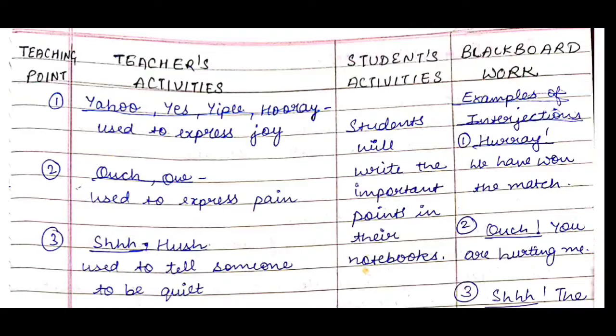The first one is yahoo, yes, yippee, hooray. They are used to express joy. We'll tell them when we use these interjections, and for what emotions. Then we'll write examples of interjections and sentences on the blackboard to show them more clearly.